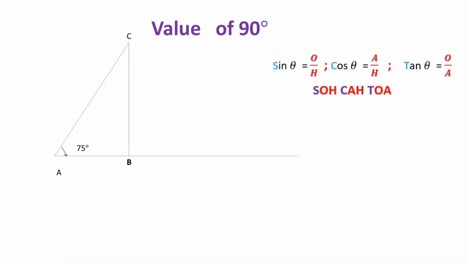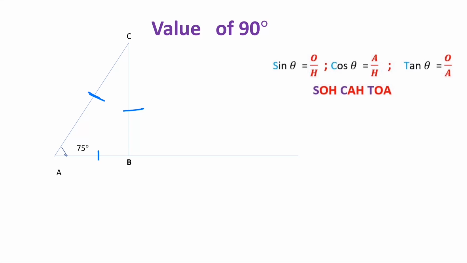Now furthermore, for 75 degrees, BC is increased and AC is increased. If we make this angle 90 degrees, BC and AC are equal and AB will be 0.